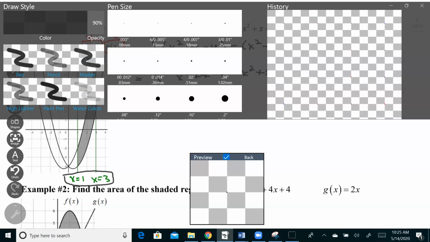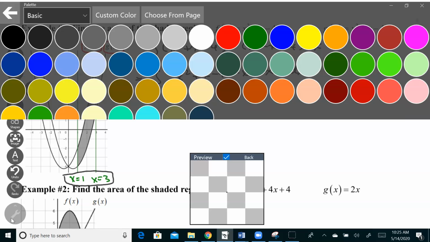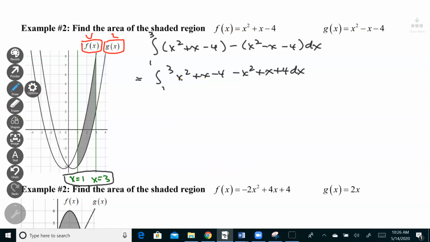And if I did everything carefully, I can see that x squared and x squared and 4 cancel. And I actually get the integral of 1 to 3, which is 2x dx. Look at that, really cleaned up for us. So this is going to be, well, that's the antiderivative is x squared, evaluated from 1 to 3.